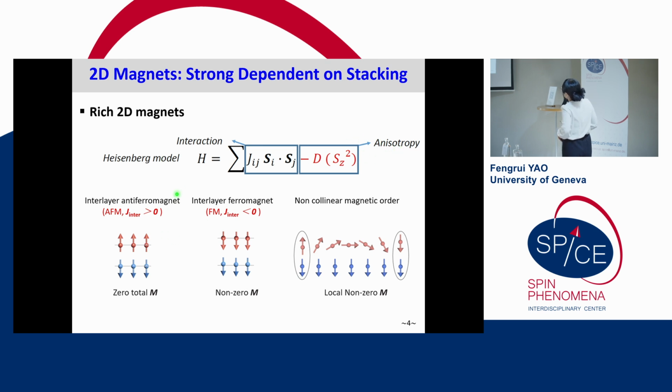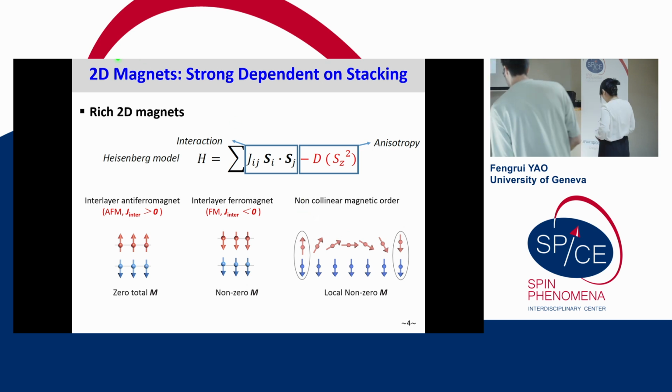If the anisotropy is very strong, the layered magnet can be antiferromagnetic or ferromagnetic, based on the sign of the interlayer exchange interaction. And if the anisotropy is not so strong, between ferro and antiferro, it can be a non-collinear magnetic order. So how do we probe this?